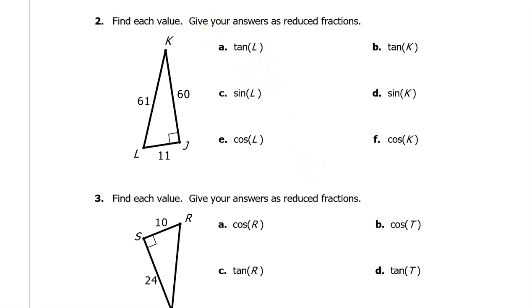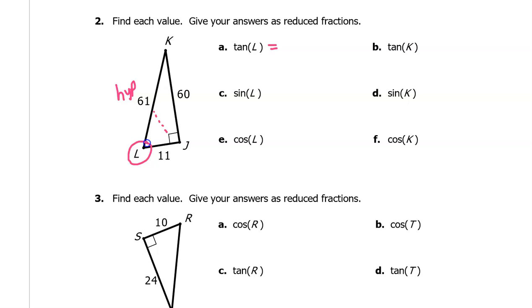This time we want to find the tangent of angle L. So let's do all of the L's first. That way we can go ahead and circle angle L. Let's start with the hypotenuse, which will always be across from the 90-degree angle. So the 61 is the hypotenuse.